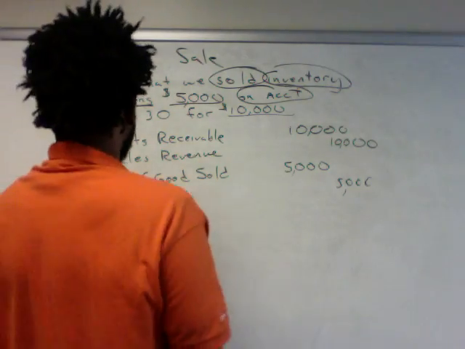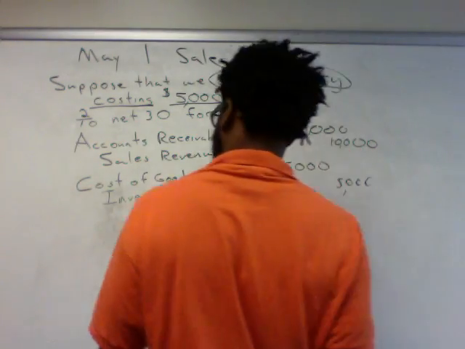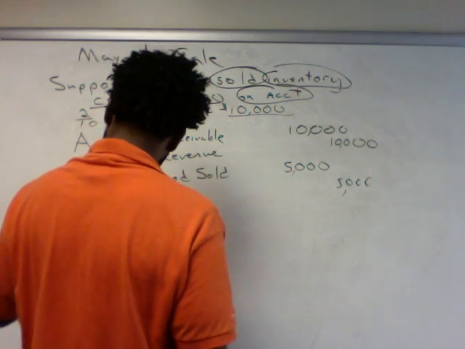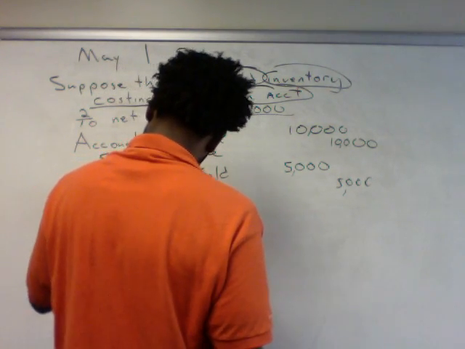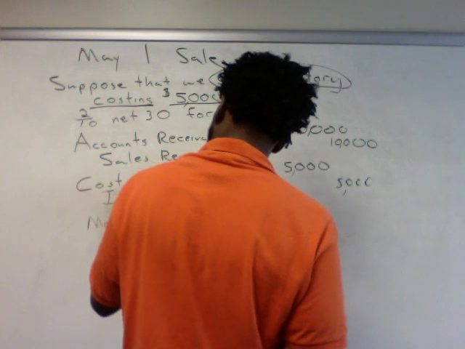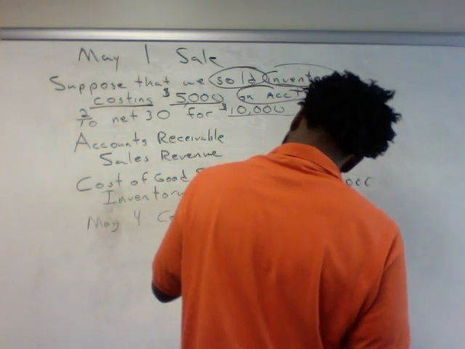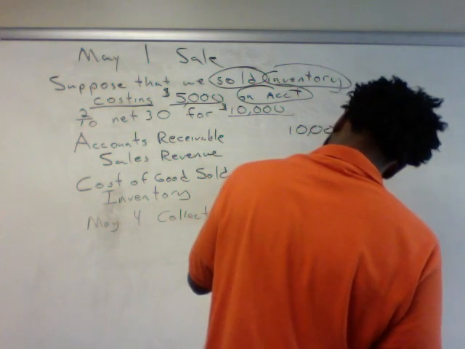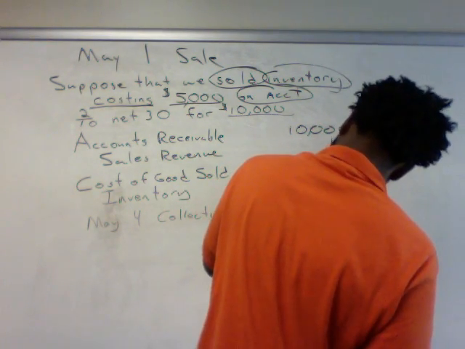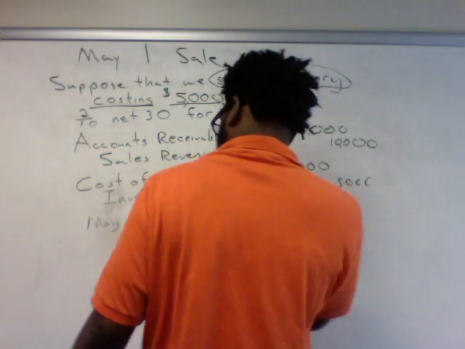So let's see if we can collect something within the 10 days. So now we're going to talk about May 4th, and let's say we're going to handle a collection within discount.